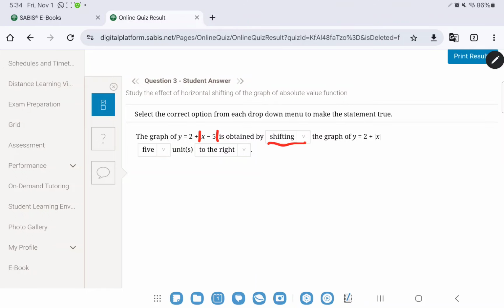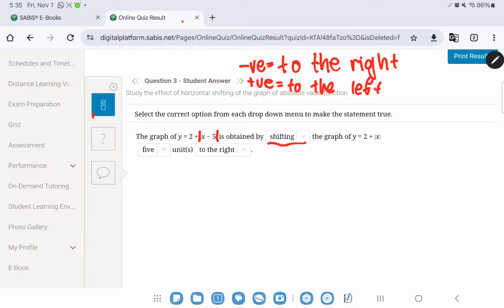So again, it's still shifting, but negative means to the right, positive means to the left. Okay? So here you moved -5.